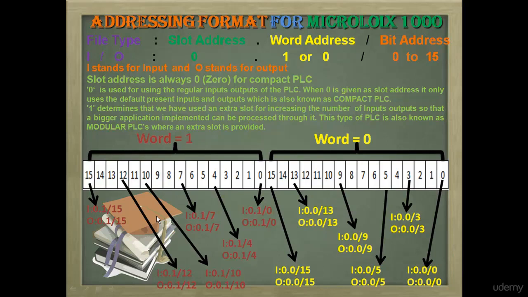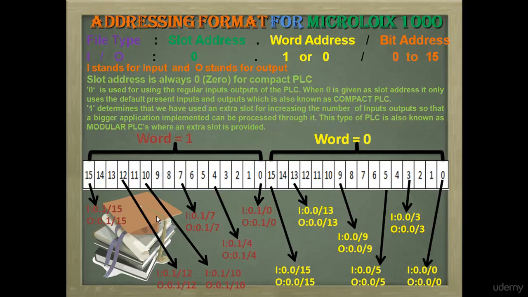If the analog input is connected to port number 1, then the addressing for that particular input starts from slot number 1. And if the output port is connected to slot address 3, the slot address would be 3. In a modular PLC, we can change the slot address or port address for the inputs and outputs. But in a compact PLC, we can't.